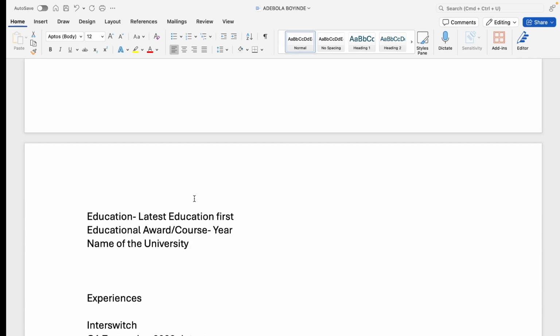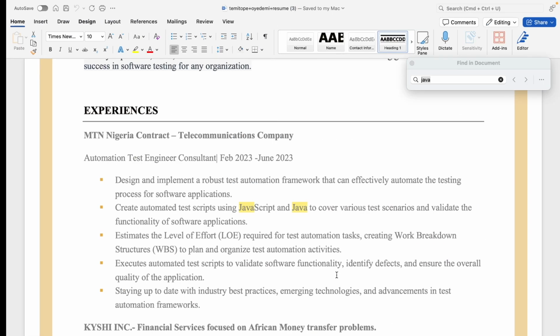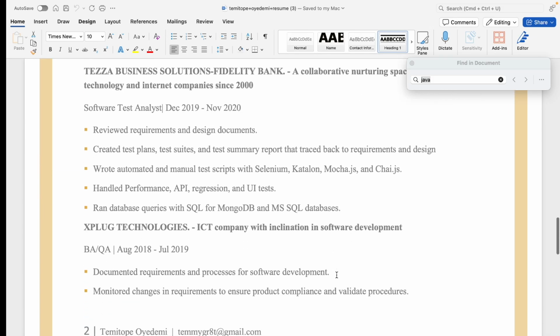Now we have education. We have your skill stack, we have what other thing? Maybe awards, or leadership expertise, and so on.